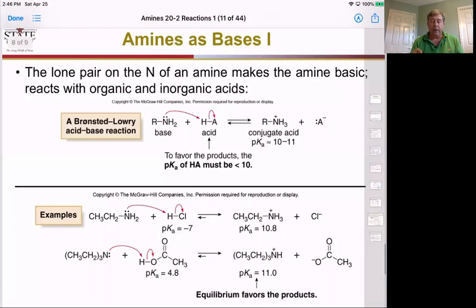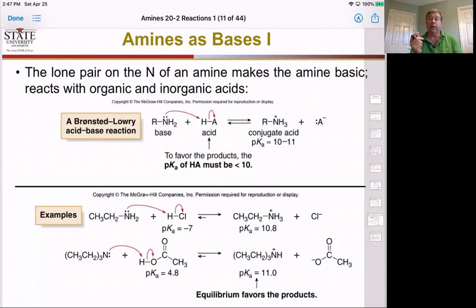Okay, so now that we have the idea that we can do these conversions here and we know that they act as bases, they can be bases with anything from very strong acids like HCl, or they can even react with carboxylic acids to deprotonate them. Remember when we did the reaction with acid anhydride and an amine, we had to have two equivalents of the amine because the carboxylic acid salt that was liberated was deprotonated by the amine.